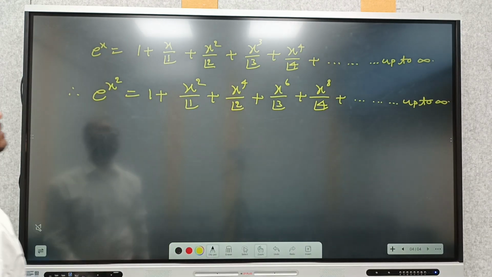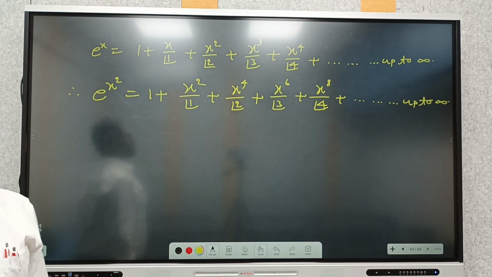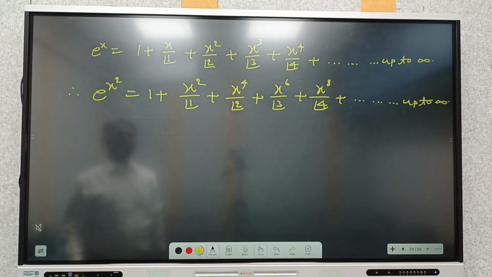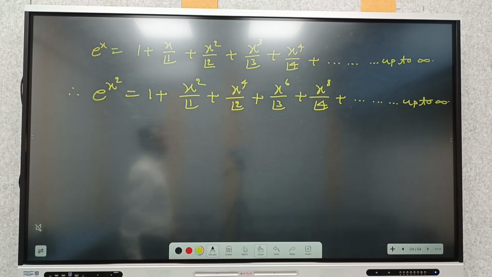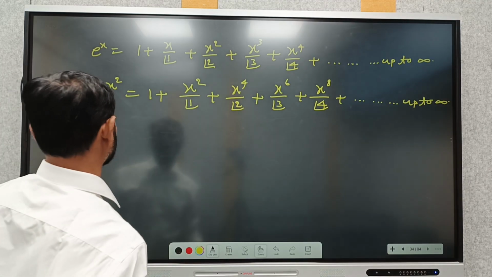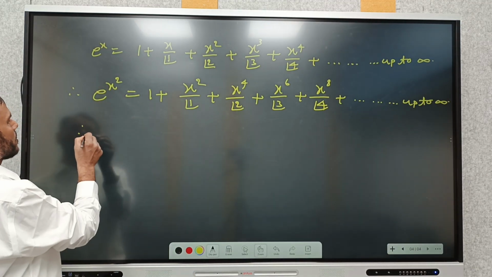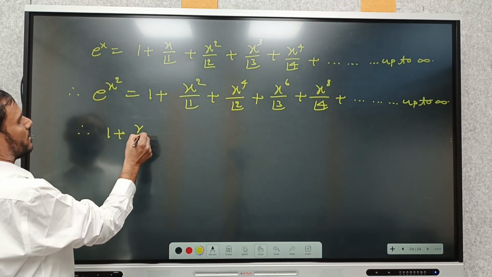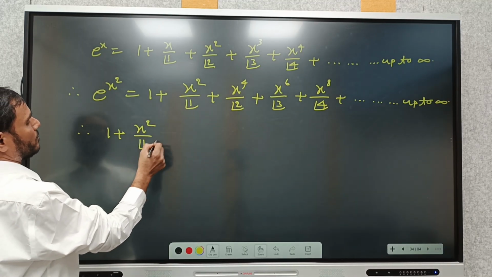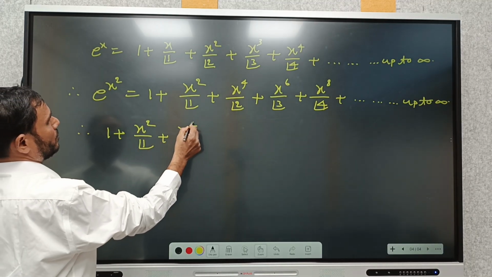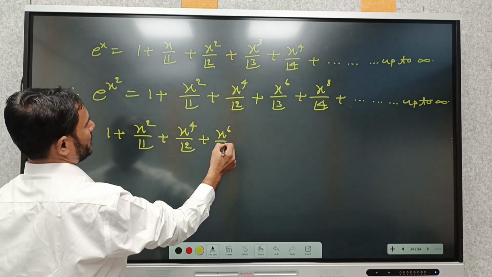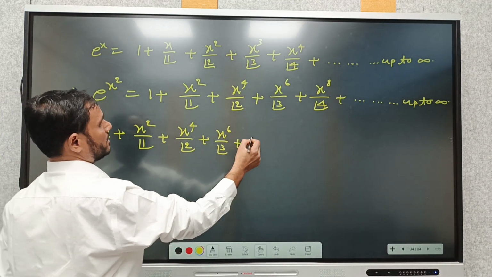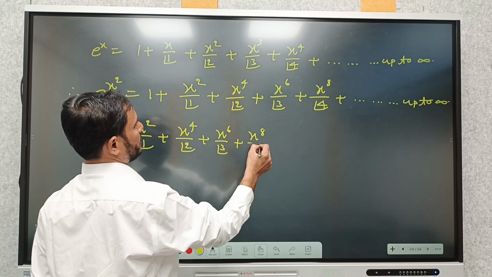Now we have to estimate e to the power x squared. We take the first four terms, and all other terms are positive terms. We leave those terms.